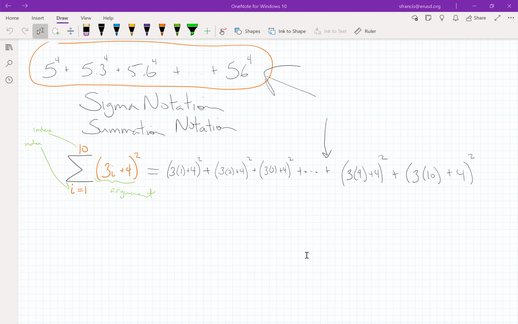Alessandro, why did you put 1 in first? There you go. You read my mind because you started doing that before I said anything. Isabel, why are you starting with n equals 1?